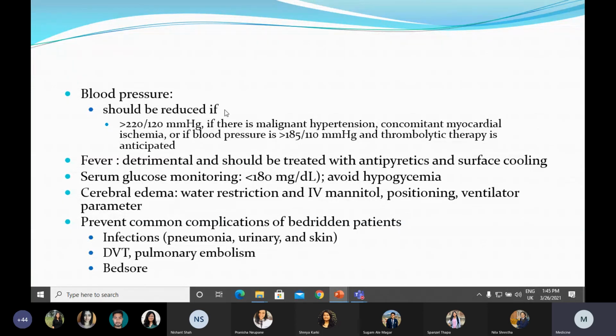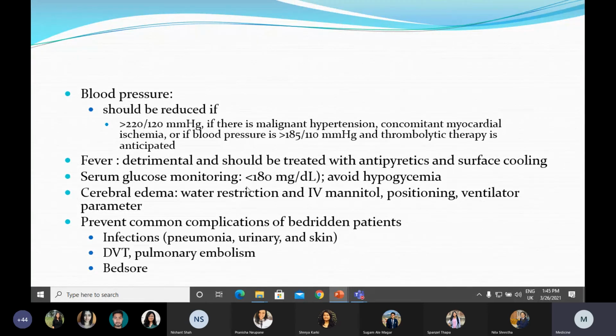For the blood pressure, it should be reduced if the patient has blood pressure of more than 220 by 120, or more than 185 by 110 if thrombolytic therapy is anticipated. Fever is very detrimental and should be treated with antipyretics and surface cooling.